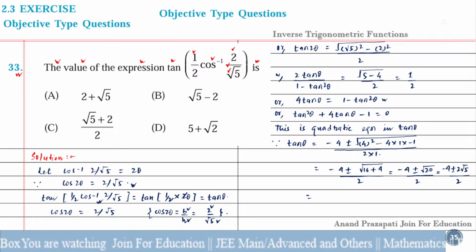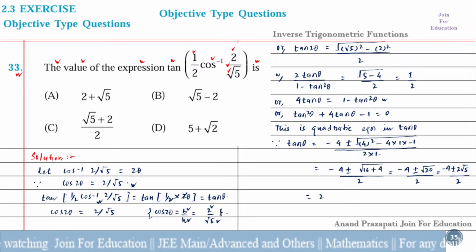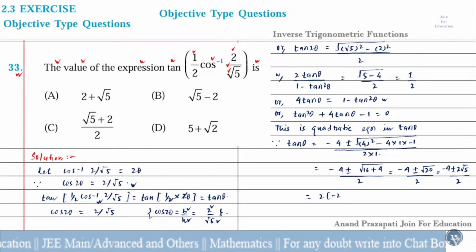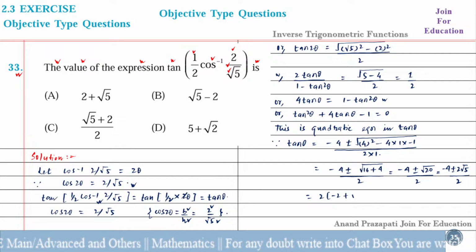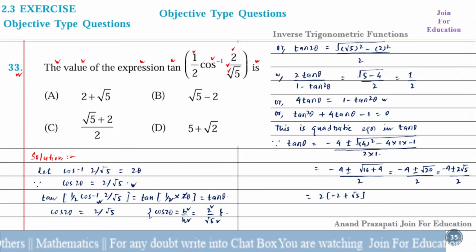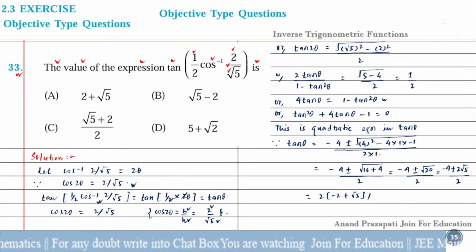Now we take 2 common, then we get 2 and we write down here minus 2 plus root 5 by 2.